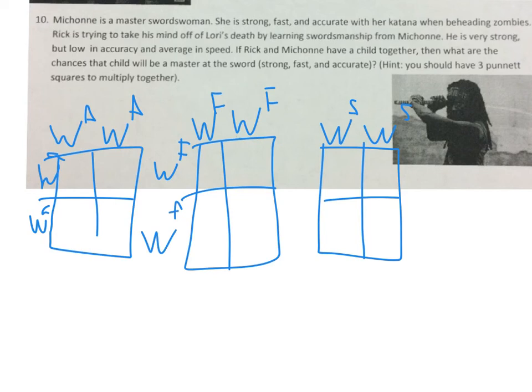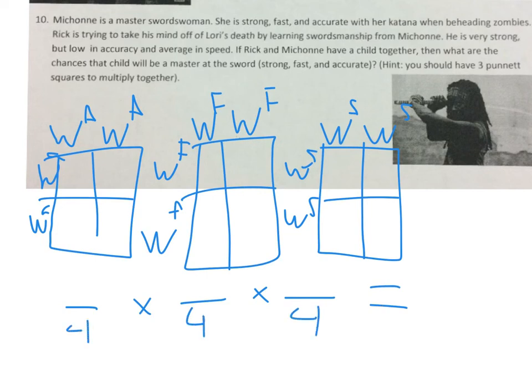And he is very strong, so capital S. Okay? So you're making your Punnett squares, and you're going to have 3 numbers you multiply together. Okay? And those numbers are all out of 4. Okay? So the chance that he's very strong, for example, since these are all capital, is a 4 out of 4.